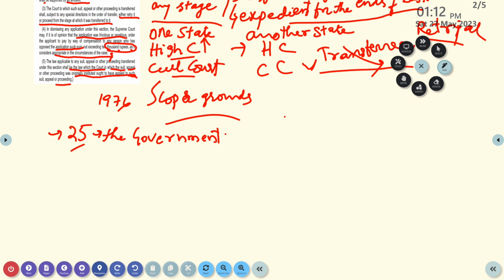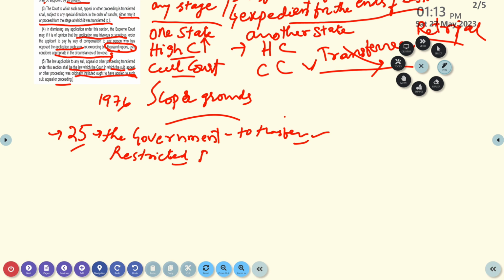Section 25 empowered the government before the 1976 amendment to transfer the case after a report from the judge concerned of the High Court. So that has been removed. In fact, it was a restricted power.